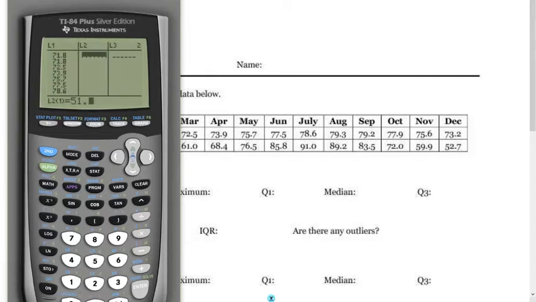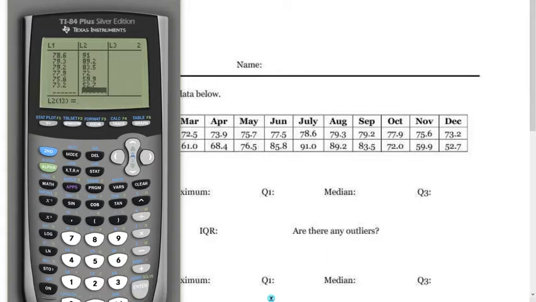I'm going to type my Phoenix information in L2. 76.5. 85.8. 0.2. 83. Okay, and they both have 12 pieces of information, so that's good.